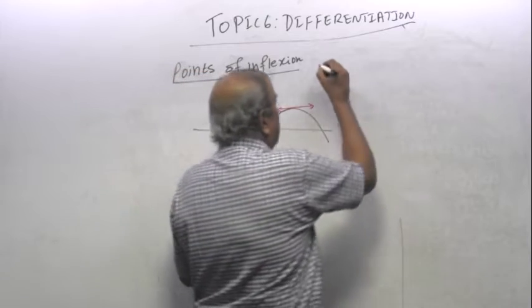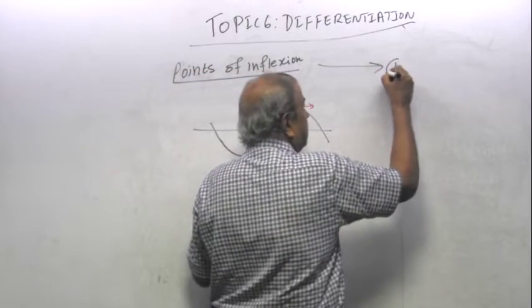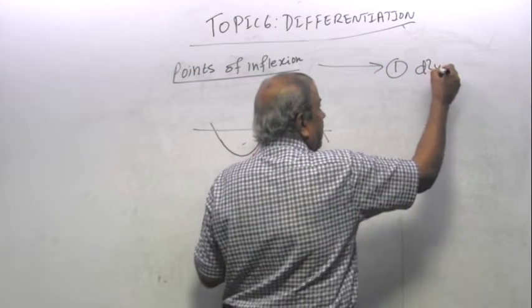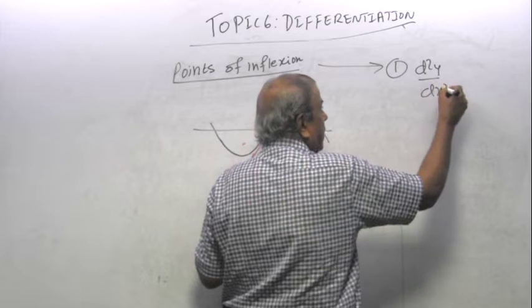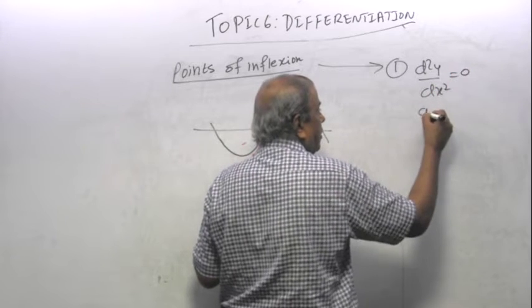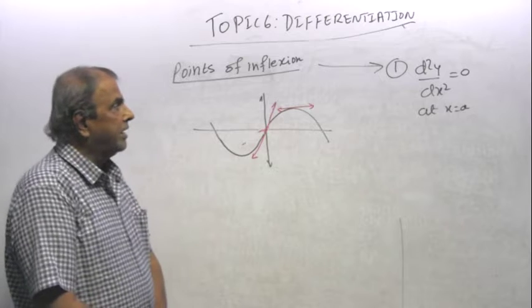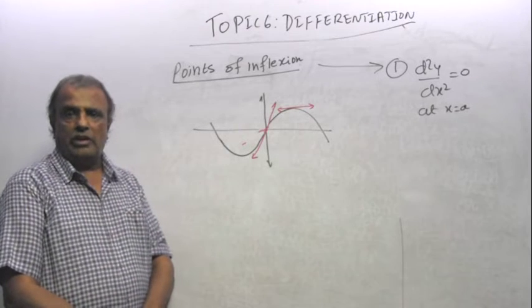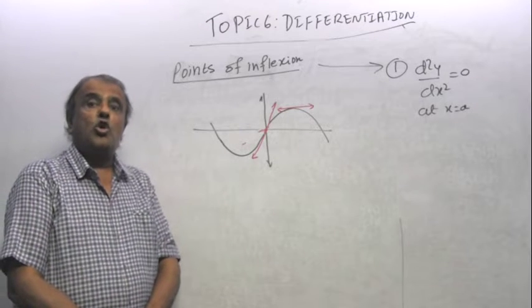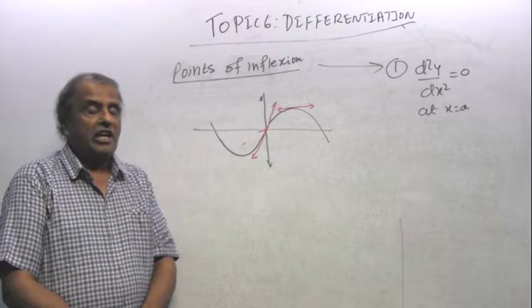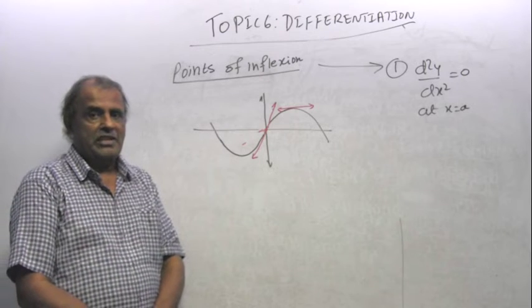So for a point of inflection, the first condition is that d squared y by dx squared must be 0, let's say at x equal to a. If d squared y by dx squared is 0 at x equal to a, then it could be a point of inflection, but it's still not necessarily one.